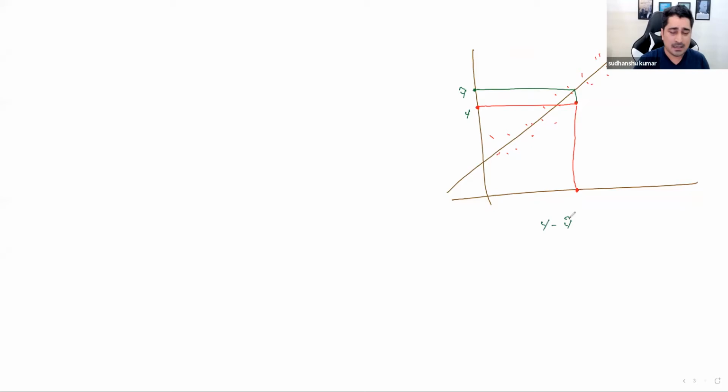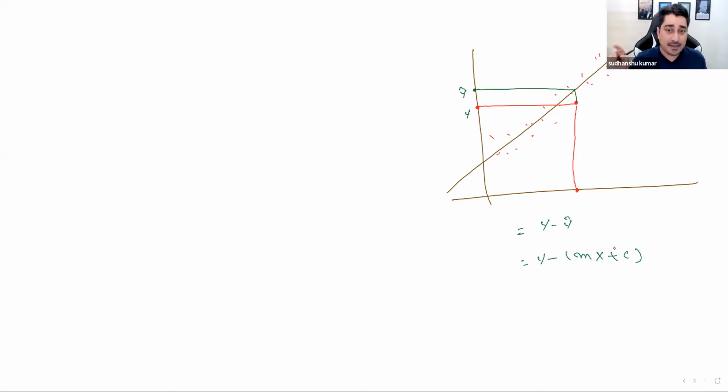So Y minus Y hat. Now, how will I represent this Y hat? I can replace Y hat by mx plus c, because this is the equation responsible for giving the output. So I can represent it in this particular way.